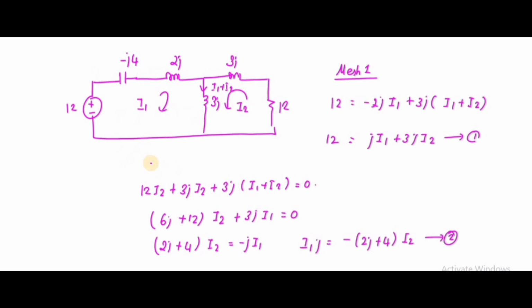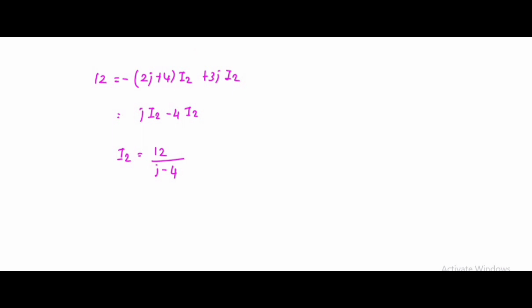They have given this one as IB, sorry. So IB is equal to 12 divided by (J minus 4).